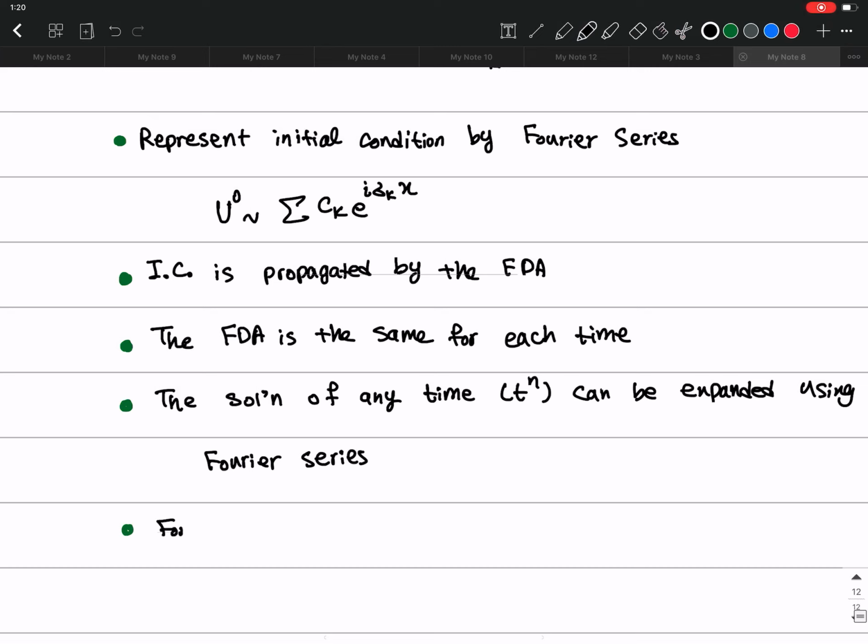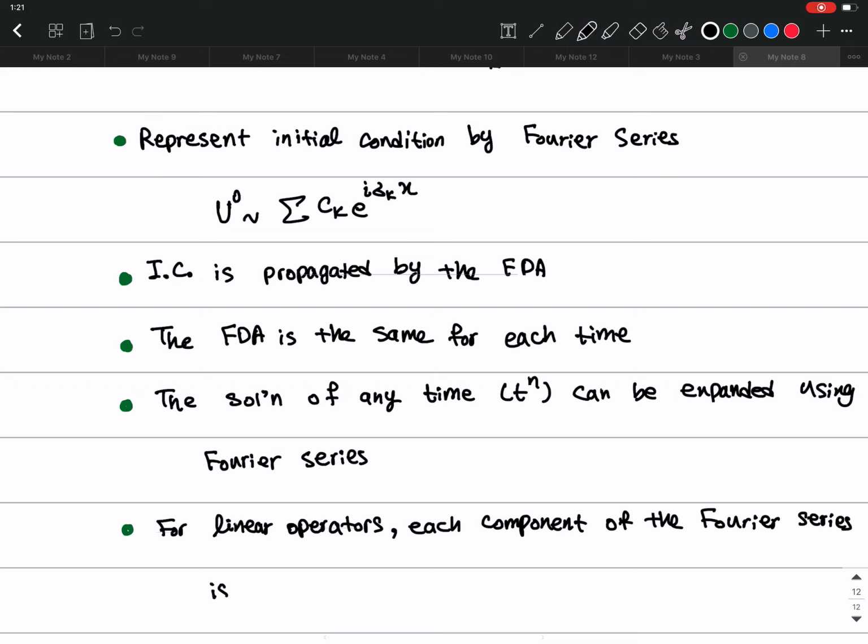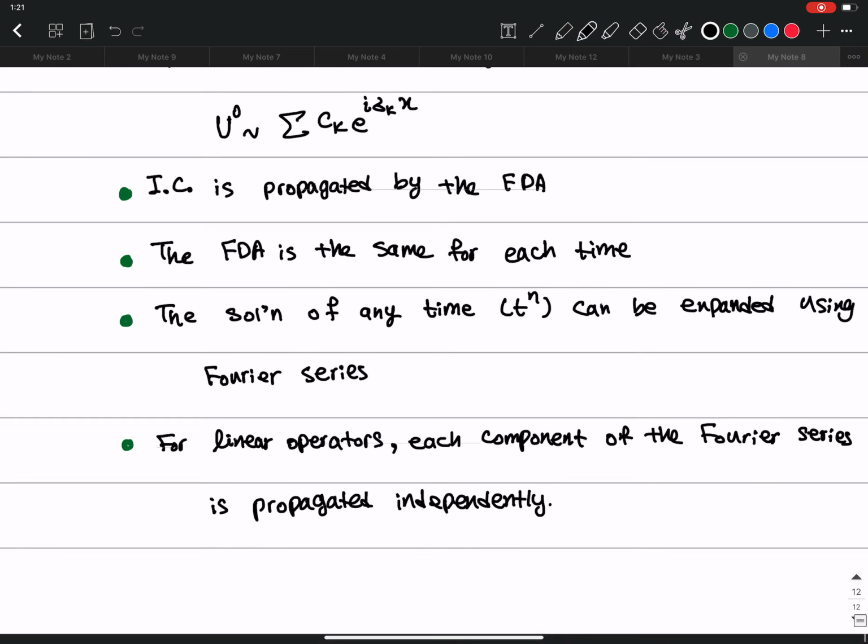And for linear operators, each component of the Fourier series is propagated independently.